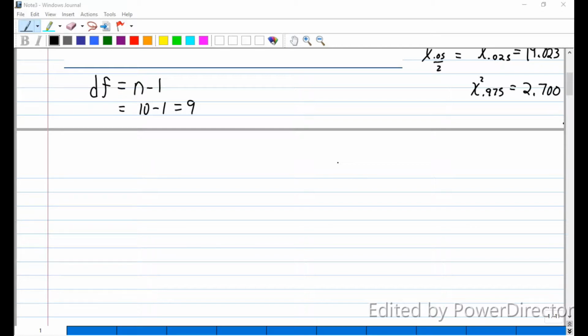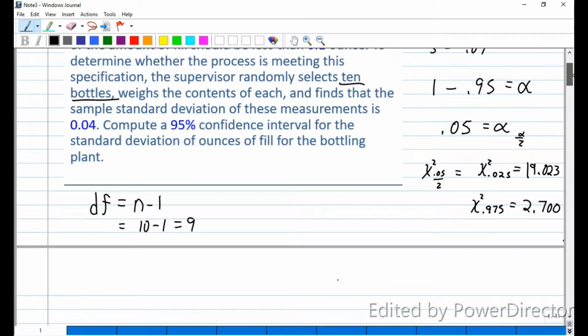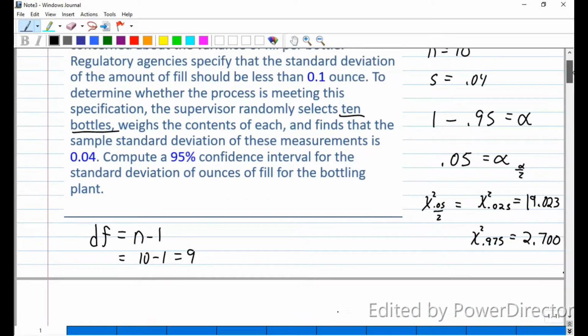All right, so in this problem we want to find the confidence interval for the standard deviation.